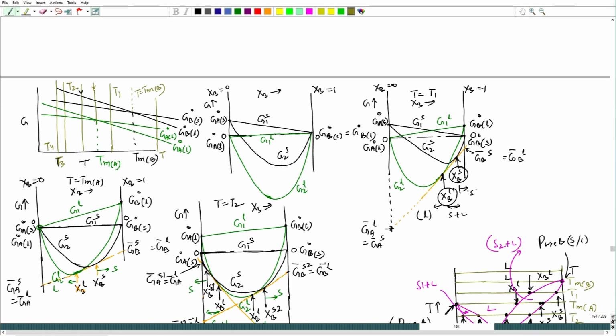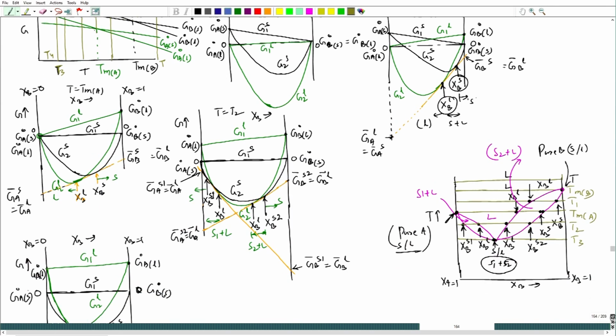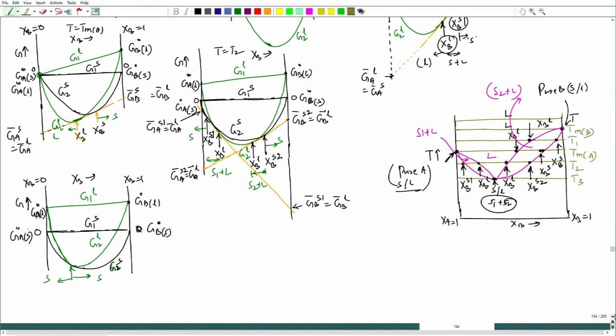So, that T4, if I draw that free energy composition plot, this is T equal to T3, and now T equal to T4, this is G B naught solid, this is G A naught solid, this is G 1 solid, and now it will further go up.